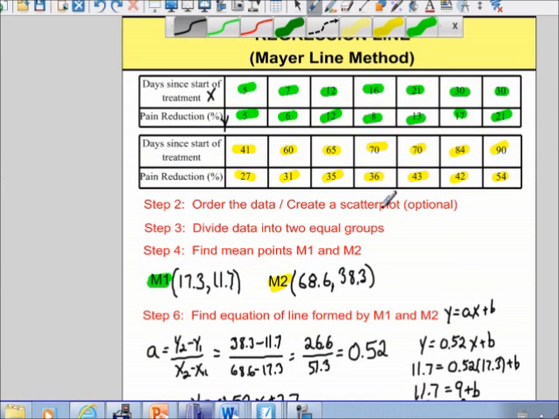Now, one thing we need to be careful about, you notice that our 100 is kind of going off the charts here, out of the side of the data. You've got to be really cautious about doing that with a Mayer line or with any regression line. Usually we want to try and focus our predictions from within data that we know. And that can get a little bit tricky.